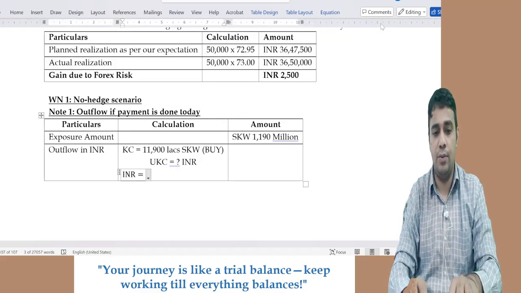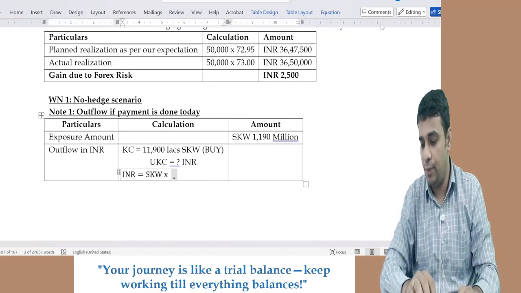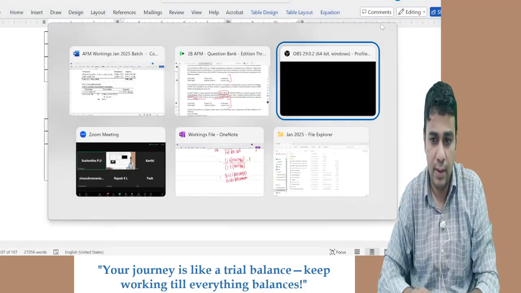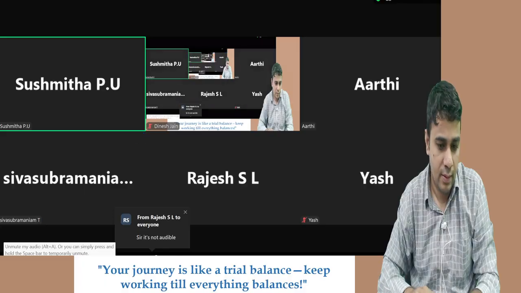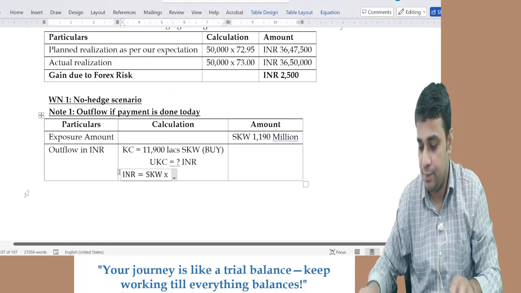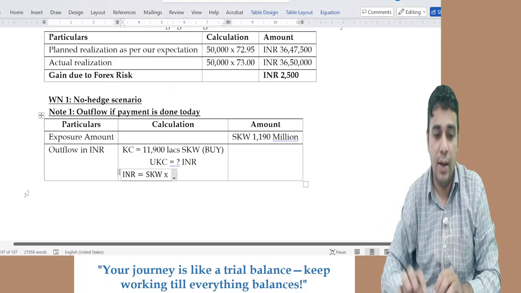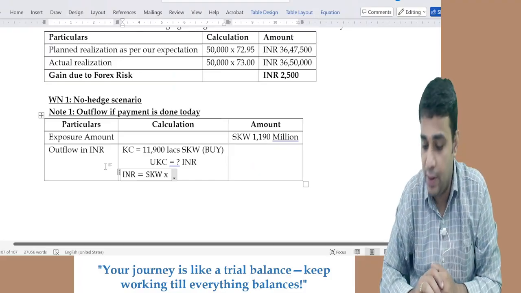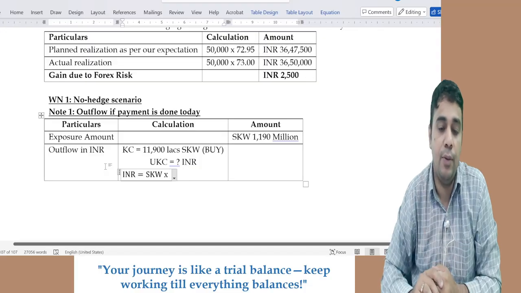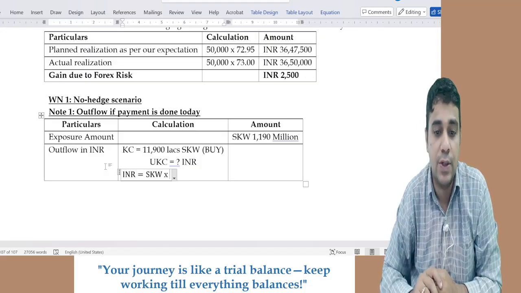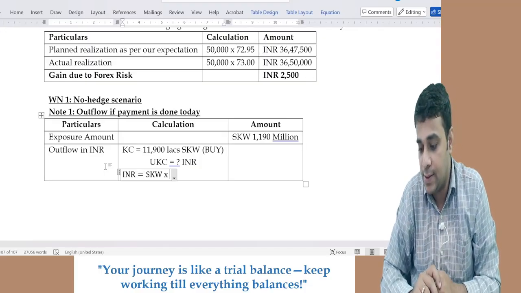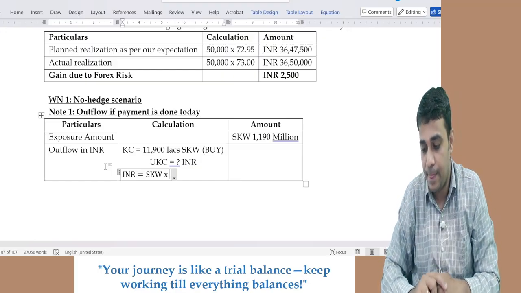Sorry guys, I was on mute. Okay. Known currency 11,900 lakh SKW by unknown currency, question mark INR.